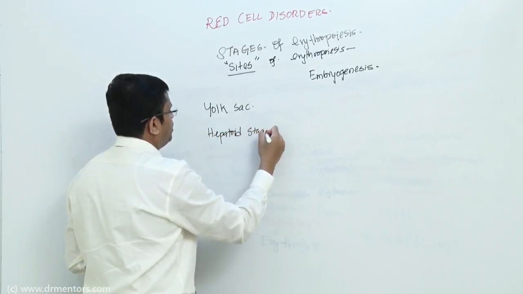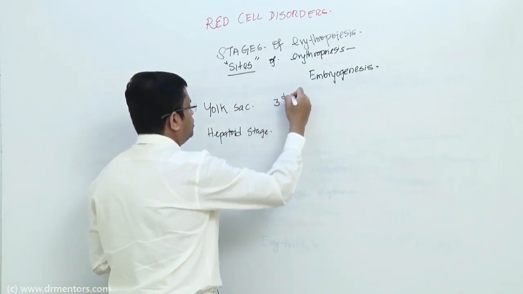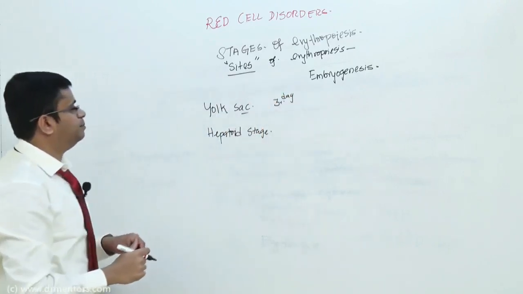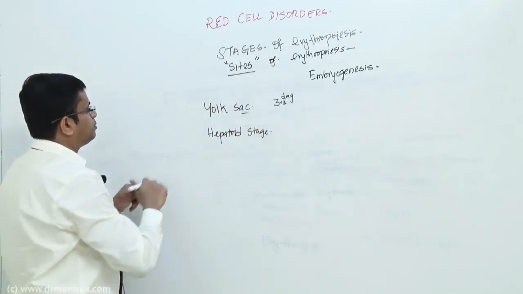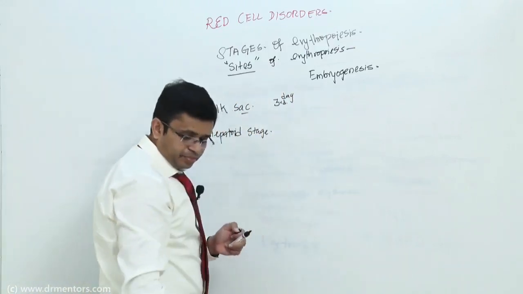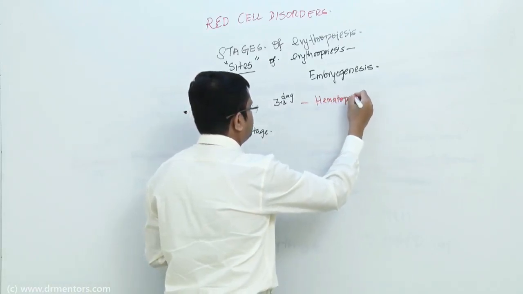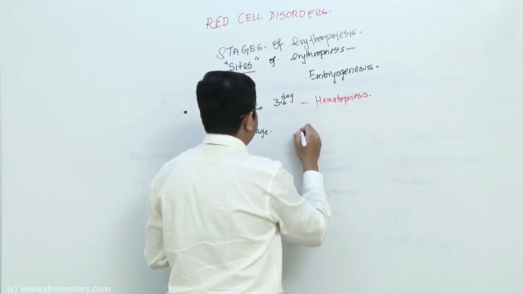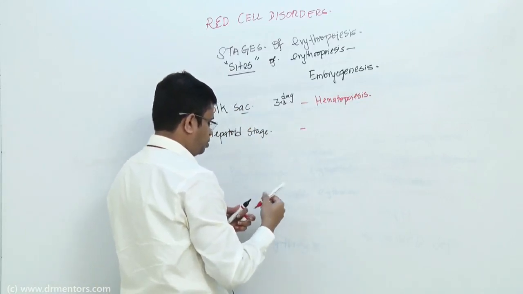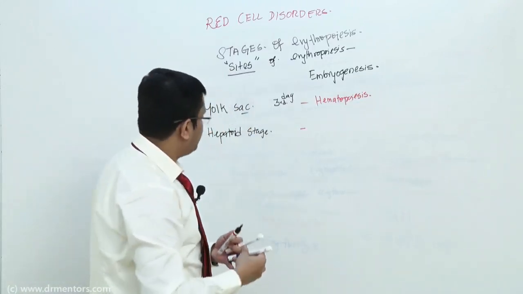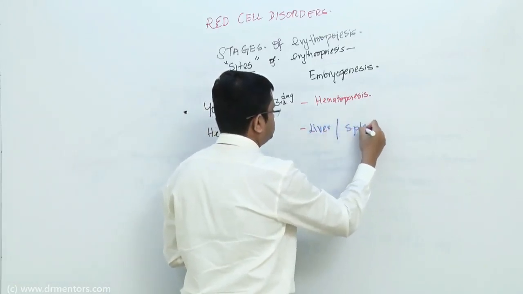Then, from the third day onwards, you find the yolk sac is the main place for hematopoiesis. Whereas the hepatic stage will be the next place for hematopoiesis, where you will start seeing hematopoiesis in the liver and spleen.